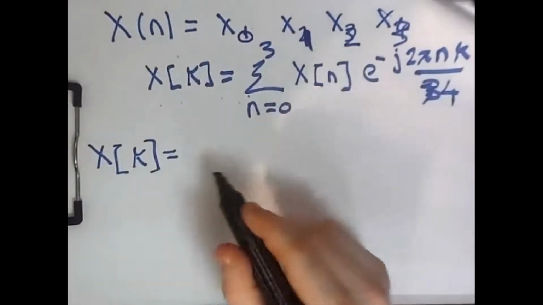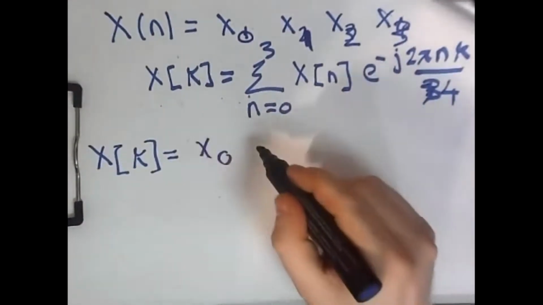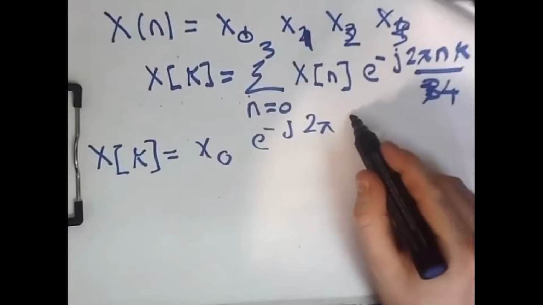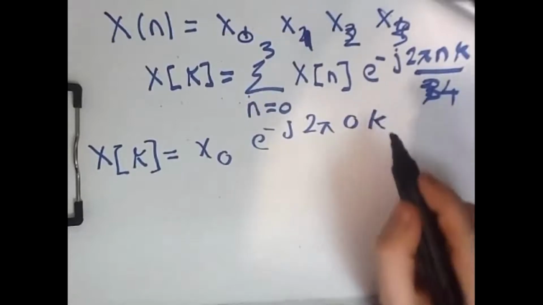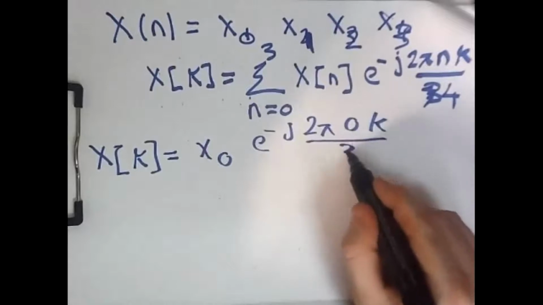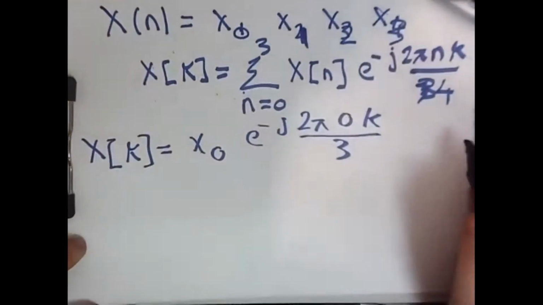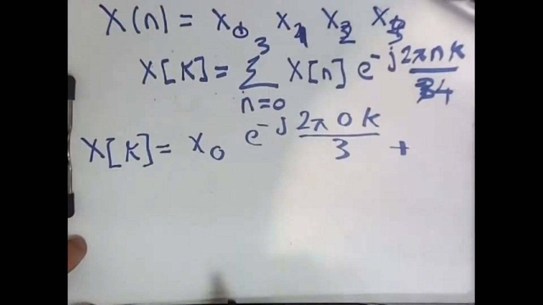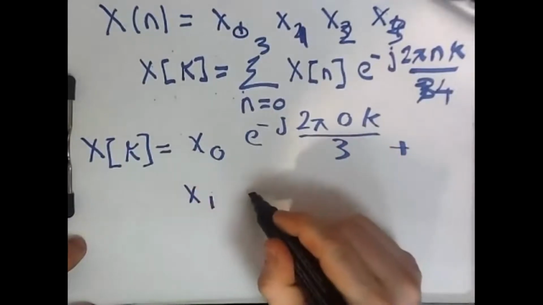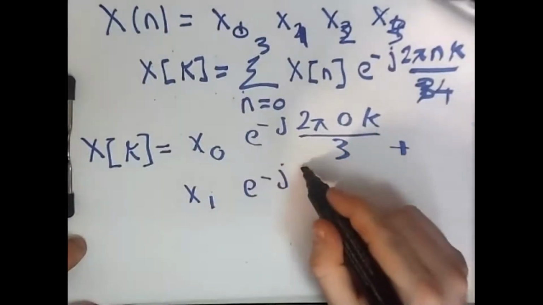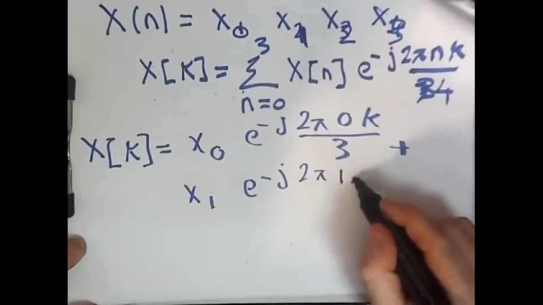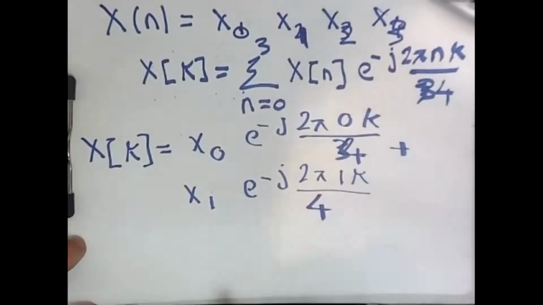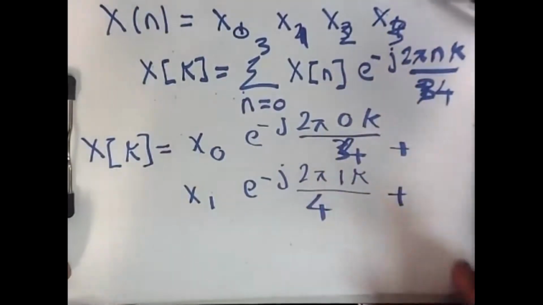So for n equals 0 we have x0 e to the power minus j 2 pi 0 times k over 4, plus, for n equals 1, x1 e to the power minus j 2 pi 1k over 4.